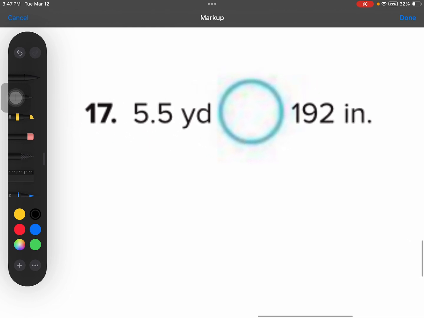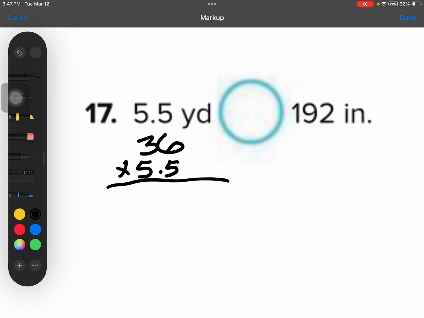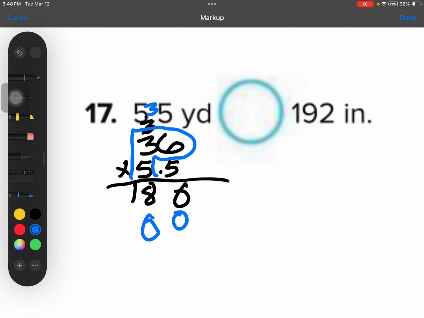Ooh, 5.5. That's fun. And inches. Okay, the smallest unit is inches. So yards, I know that there are 36 inches in a yard, and I'm just going to multiply this by 5.5. Now remember, when we multiply with a decimal, we just ignore it for a minute. Let's just do our work. 5 times 6 is 30. 5 times 3 is 15, 16, 17, 18, 180. Change my color. Going to do a turtle head, drop an egg. 5 times 6 is 30 again. 5 times 3 is 15, 16, 17, 18.